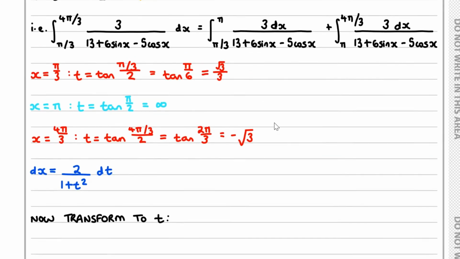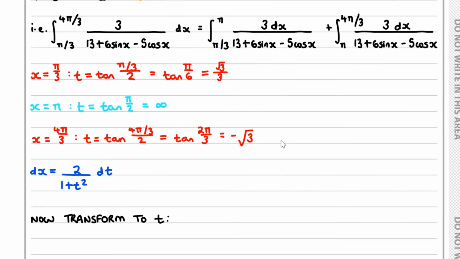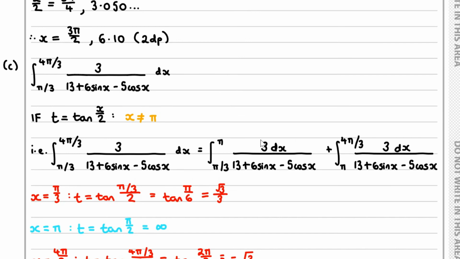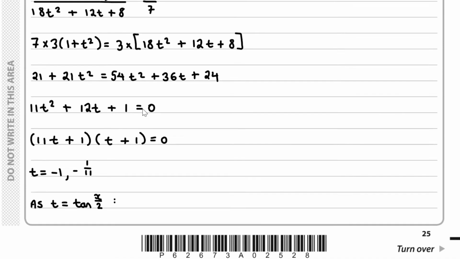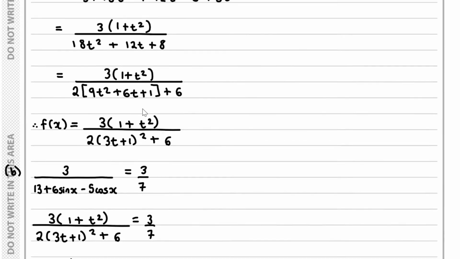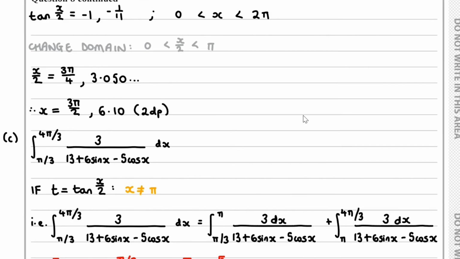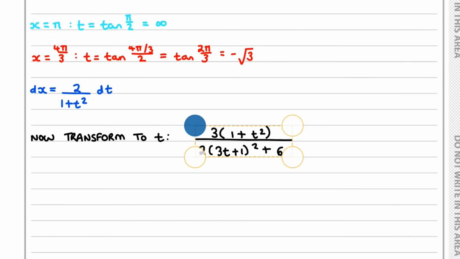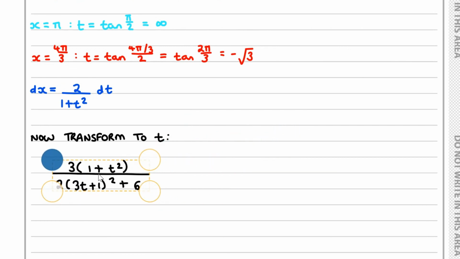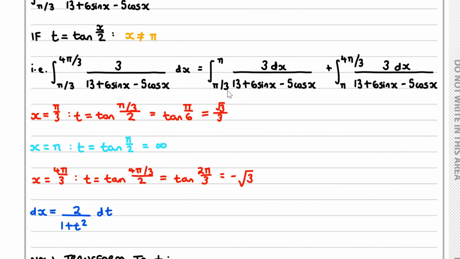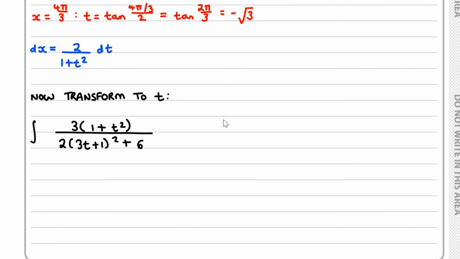So therefore, if we use the result in part A, this result over here, in terms of t we've got this over here. So let's just copy and paste this. So we've got the integral from, well, here before we had pi over 3, but when we transformed that to t, we got root 3 over 3.